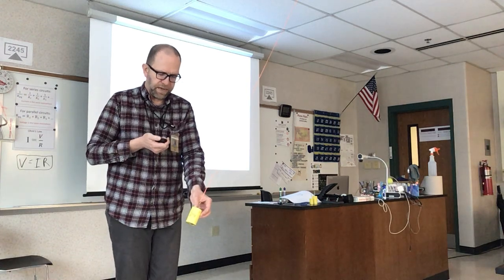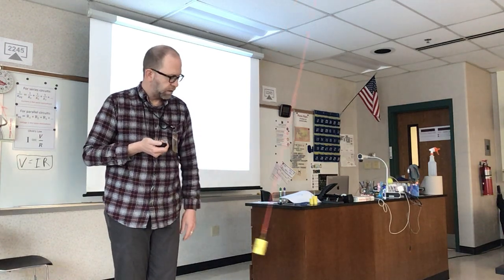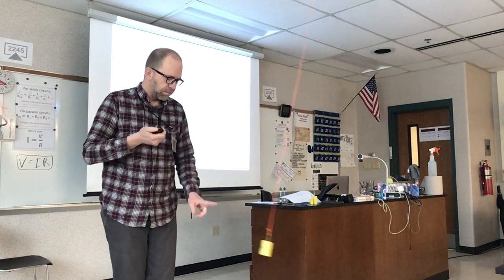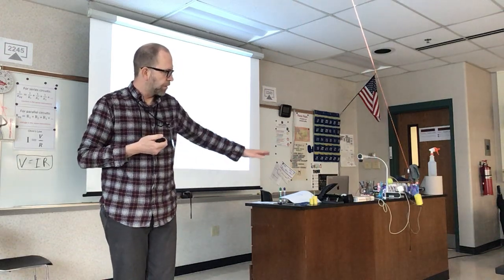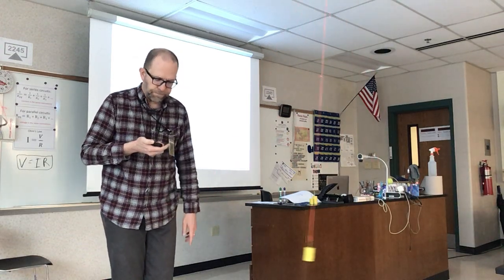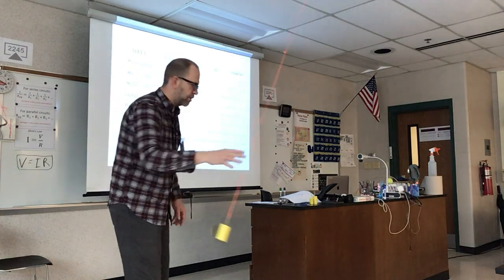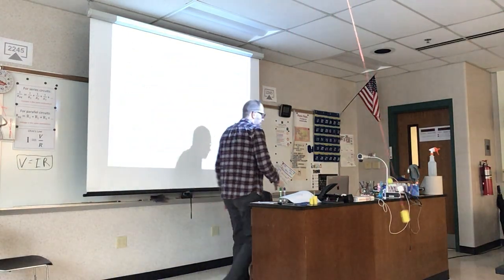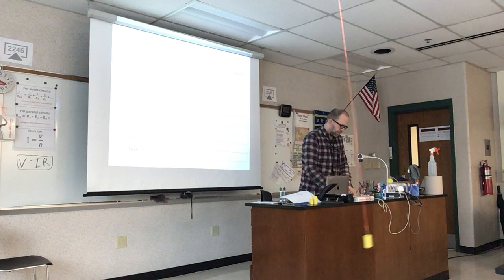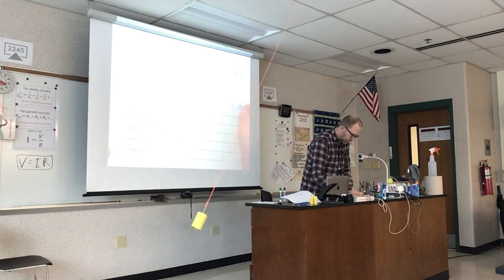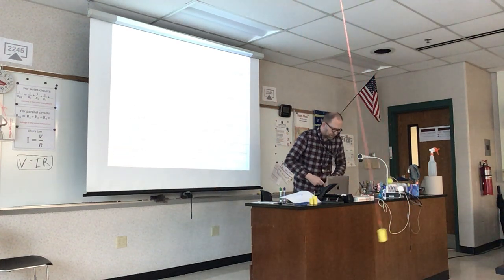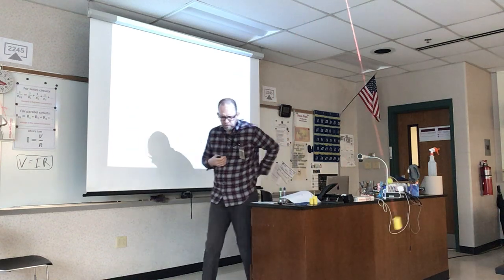But I've moved over to the 1,000 gram mass, and I'm gonna let it go, and I'll time one complete cycle from there all the way back to there, 2.9 seconds. So it seems that changing the mass does not change the period of the pendulum. That's kind of counterintuitive.